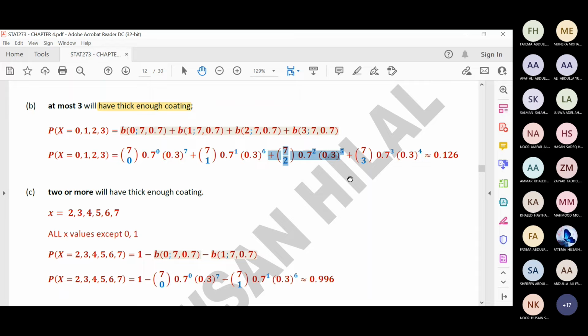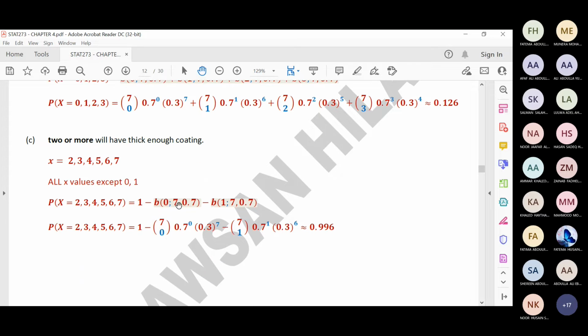Find the answer. Finally, for x equals 3, it means 7 selection 3, 0.7 to the power x which is 3, 0.3 to the difference between them which is 4. With the calculator, by the way, I can enter the whole statement. I'm just reading it one by one so you can follow with me, but I can get all this in one step, and I will find the answer at the end.